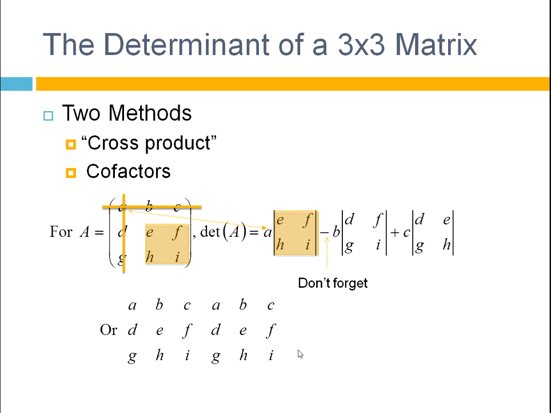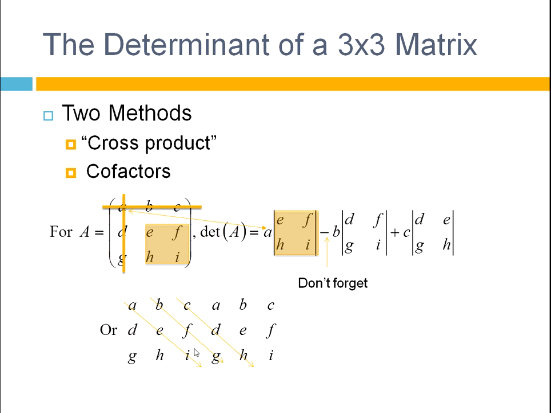The other way is to use a kind of cross product, which I think is far simpler. This is the way that I usually use. And if you know how to find a cross product, this is obvious, but basically you just multiply each of the diagonals. So you've written out the matrix twice, and you multiply starting at the top of the first matrix, multiply all of the diagonals across like that.